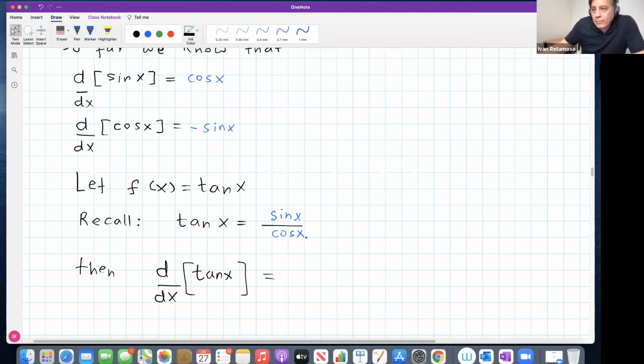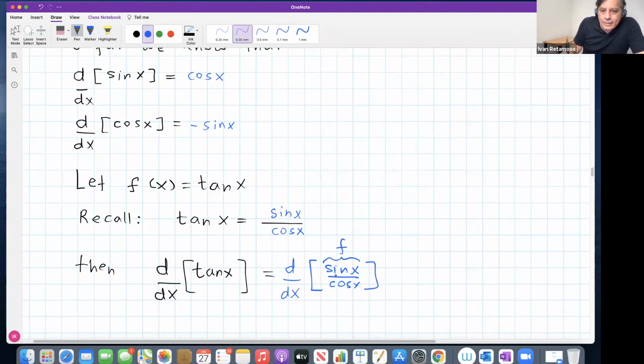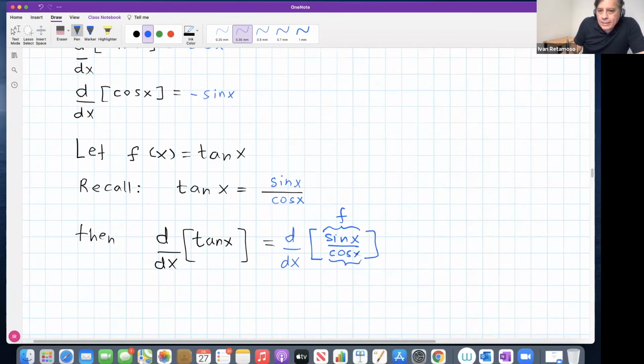Using this quotient form, I can take the derivative of tangent by following the quotient rule. Remember the quotient rule that we saw yesterday? We can use that now. So I'm going to take the derivative with respect to x of sine of x over cosine of x, which is tangent. Sine of x will play the role of f, and cosine of x will play the role of g.